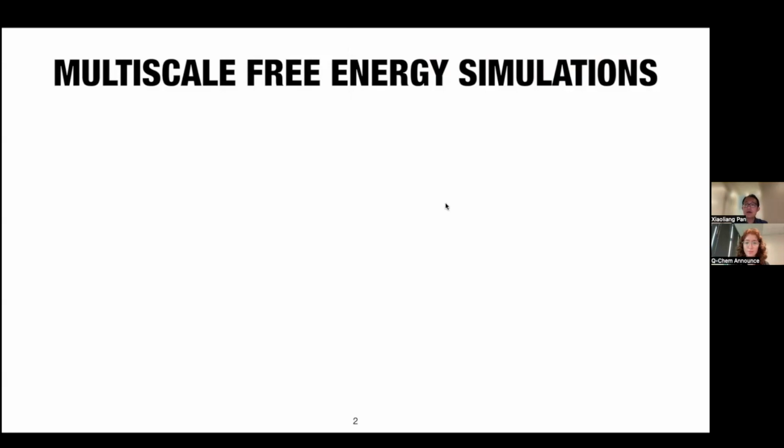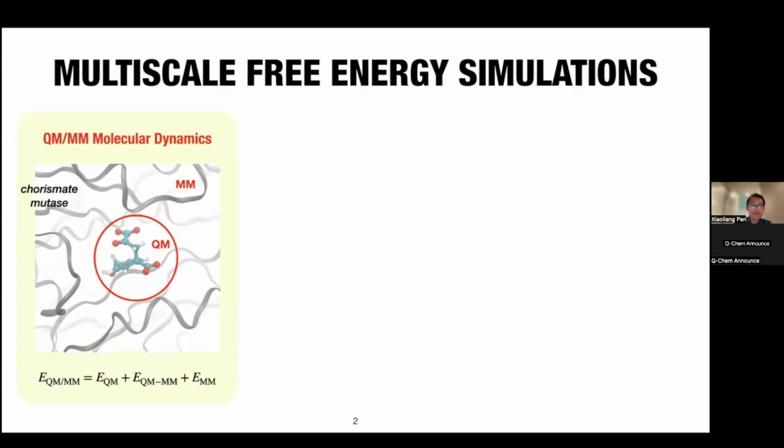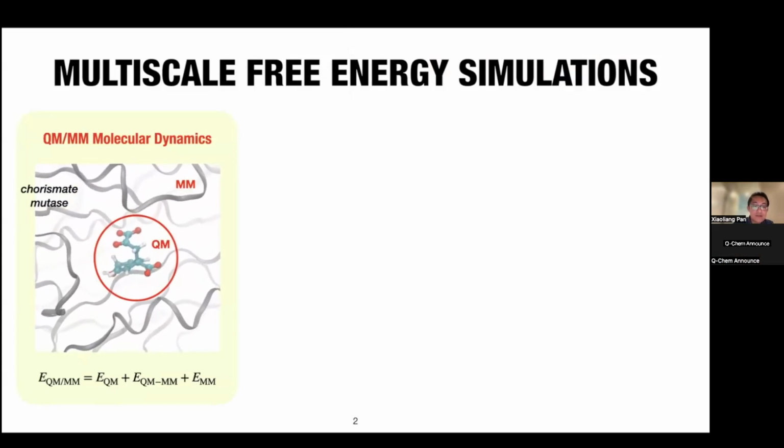Okay. So first, what exactly are multi-scale free energy simulations? In this context, we're talking about using a method called QM/MM. The idea is to divide the whole system into two parts.